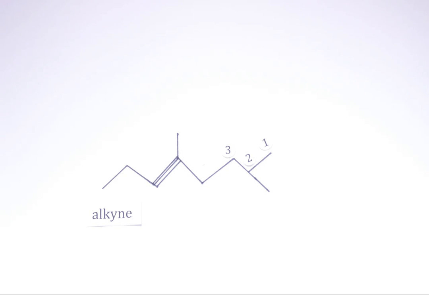Numbered this way, the alkyne gives us substituents at 2, 5, and 5. Numbered this way, the alkyne gives us substituents at 3, 4, and 7, with a total of 8 carbons.